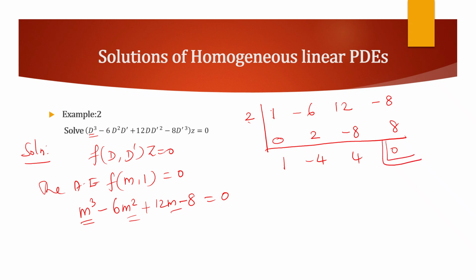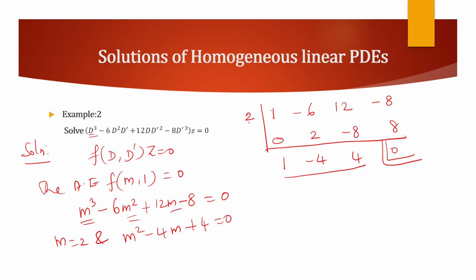We get the remainder as 0, which means 2 satisfies this cubic equation, so 2 is one of the roots. So m is equal to 2, and the rest can be written as a second order equation, that is m square minus 4m plus 4 is equal to 0.